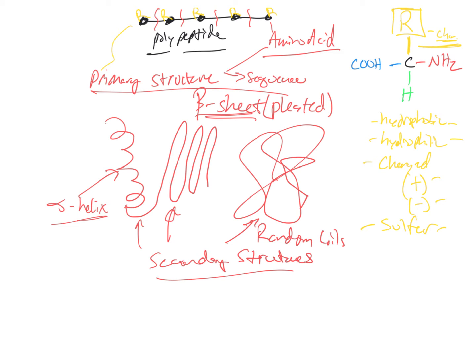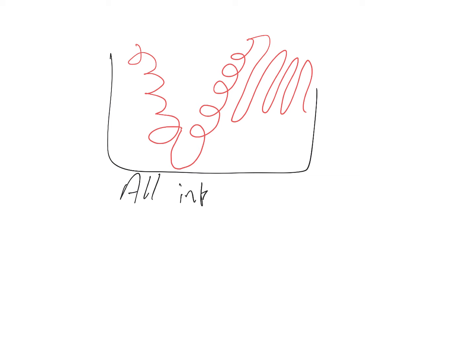Then we get into sort of the tertiary. So tertiary structures would be sort of like how this alpha helix and this alpha helix and then this beta sheet, how all of these interact with one another.